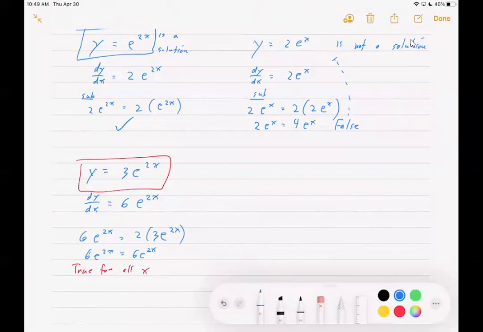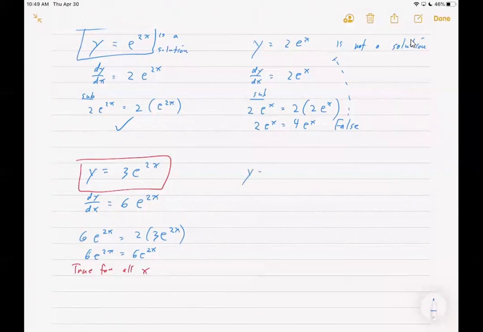All right, so that is a solution. Let's consider another one. What about y equals e^(2x) plus 3? Maybe throwing on a constant won't matter. e^(2x) was a solution, so maybe adding 3 on will still be a solution, because when we take the derivative, the 3 will go away. So we know the derivative of this will be 2e^(2x) plus 0.